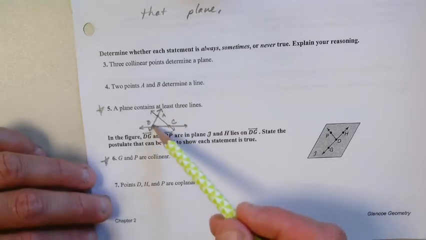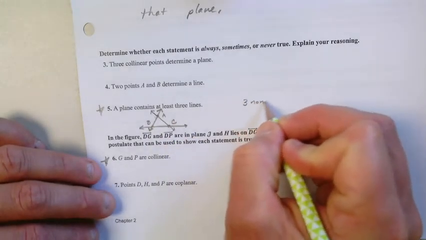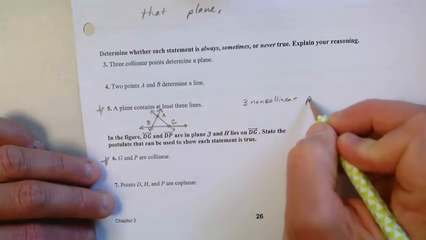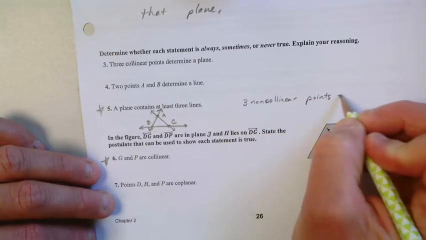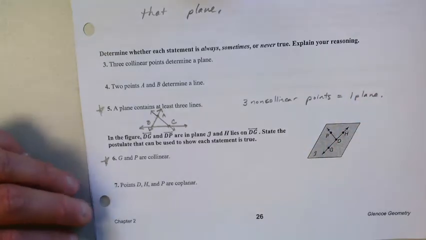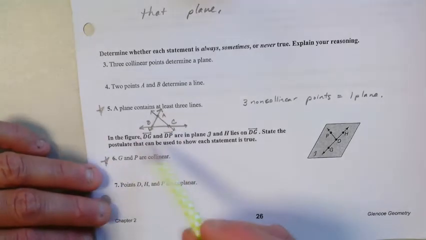If we know that we have 3 non-collinear points that make one plane, and I'm going to jot that down, 3 non-collinear points equal one plane. Okay. We also know that 3 non-collinear points can form 3 lines.